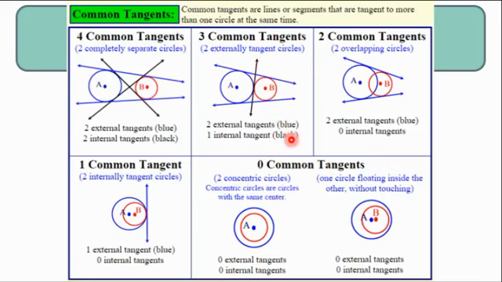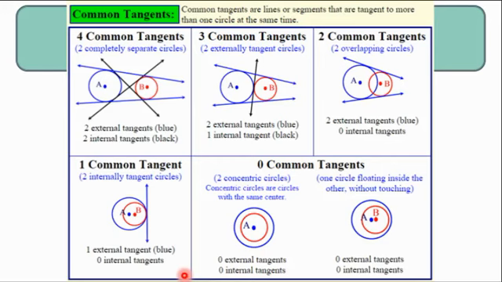And then you have 2 external tangents, and then 2 common tangents are if you have 2 overlapping circles. There is no internal tangent because the circles overlap. There is no in between there.